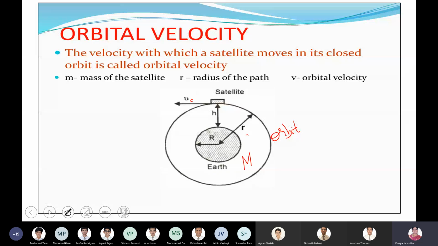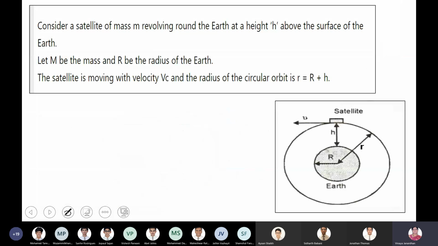Capital M is the mass of the Earth. Capital R is the radius of the Earth. Let us consider a satellite of mass small m moving in an orbit around the Earth of radius small r with a velocity vc at a height h above the surface of the Earth. Draw the diagram. One second, boys. Let me see whether the introductory part is there.